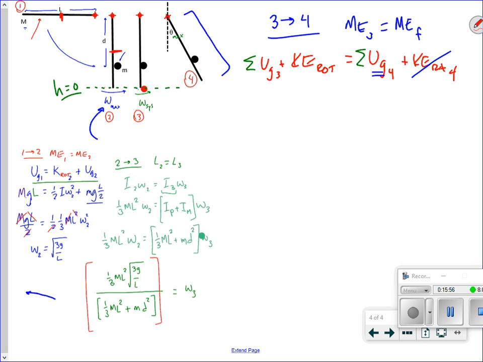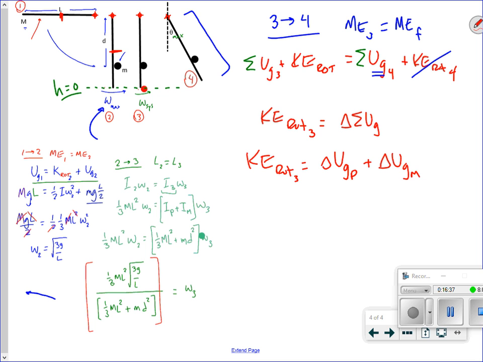So what we really care about is that KE rotational at 3 is the change in the net gravitational potential energy. And that means that KE rotational at 3 is delta UG of the pendulum plus delta UG of the point mass.